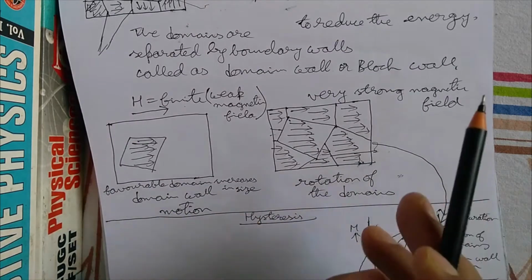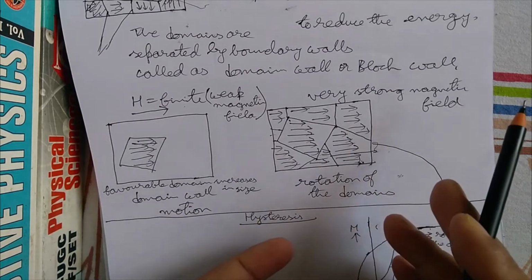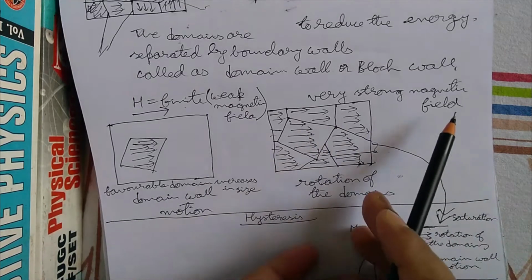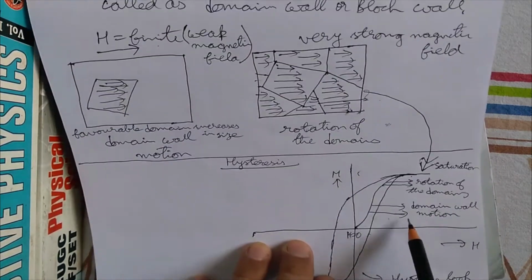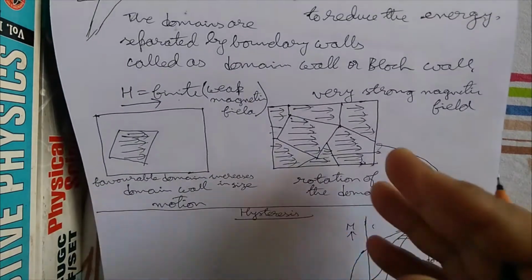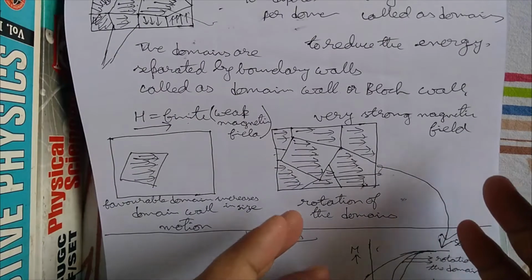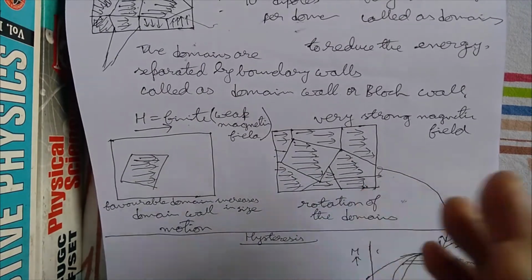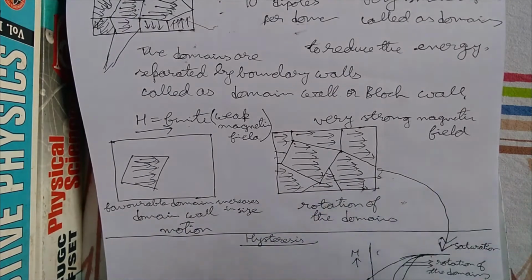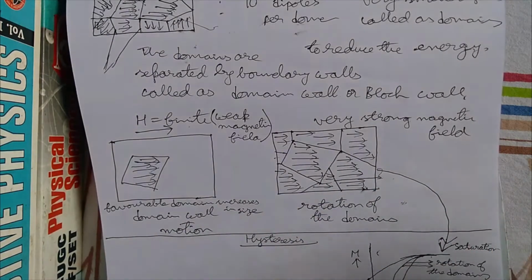Magnetization will not increase. Magnetization increases when the dipoles are arranged towards the magnetic field. So if you increase the magnetic field more, say at this position or this position, there are no more domains left to align themselves, and no more dipoles left. All have aligned towards the magnetic field.